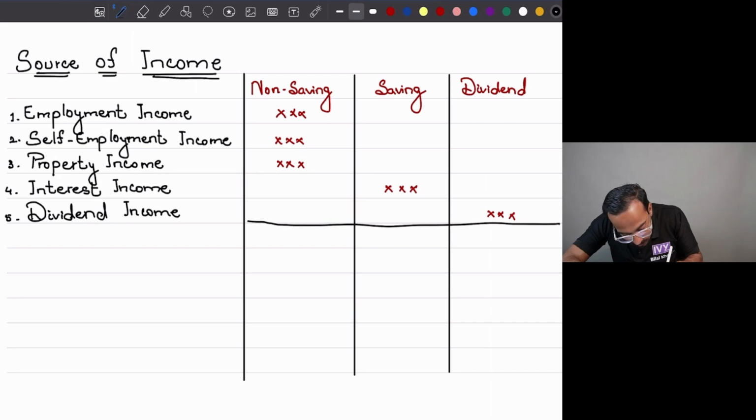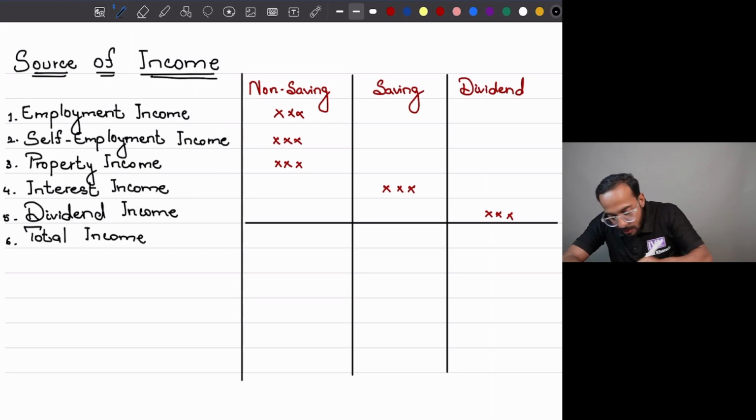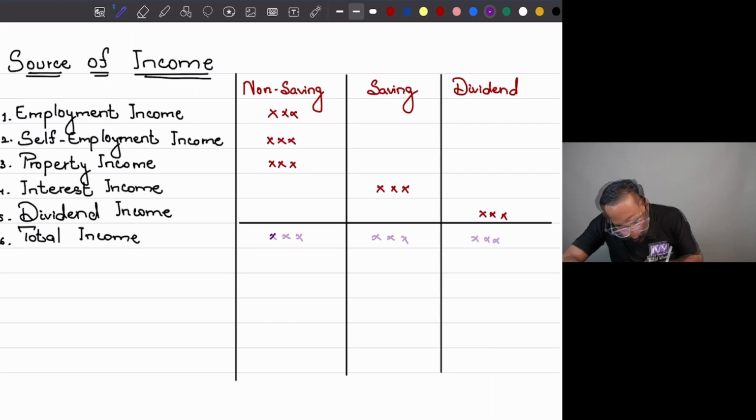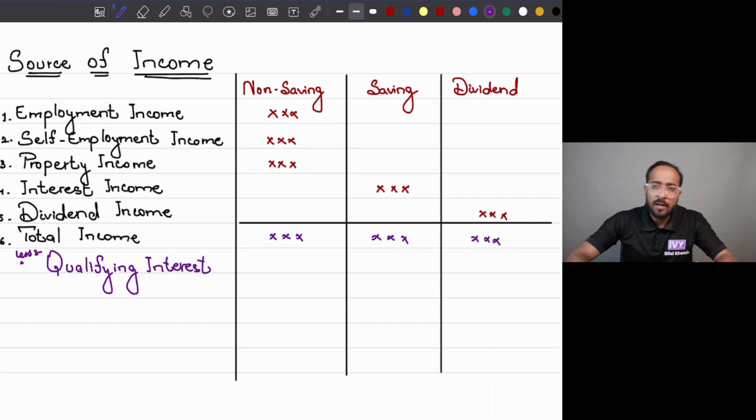After calculating this, you will get the total income. That's your total income. Got it? Now you need to less one thing, that is qualifying interest. Qualifying interest hardly comes in paper, but as I have already told you, IB Online teaches you the whole course outline.